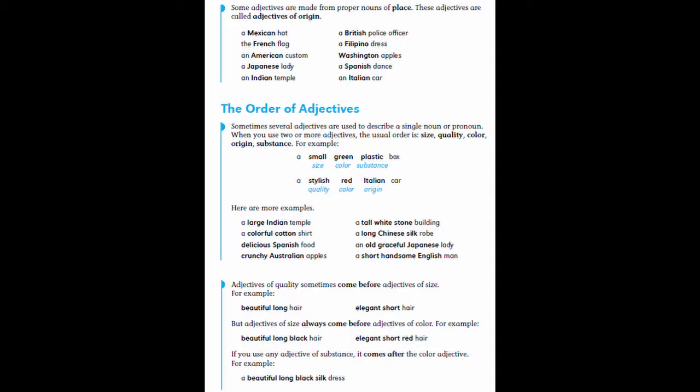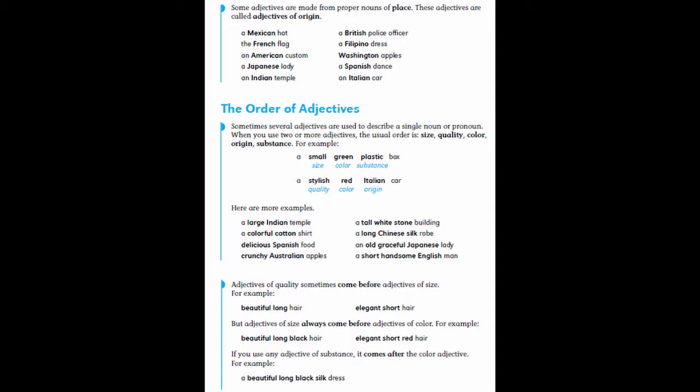Now, some of you may be asking me, why do you say beautiful long hair, but why not long, beautiful hair? Think about it. If I tell somebody, oh, he has long, beautiful hair, what's the first thing I'm telling them about? Long, beautiful hair. Do you realize the words long and beautiful are somehow related in that sentence, even though there might not be any relation between them being long or being beautiful?